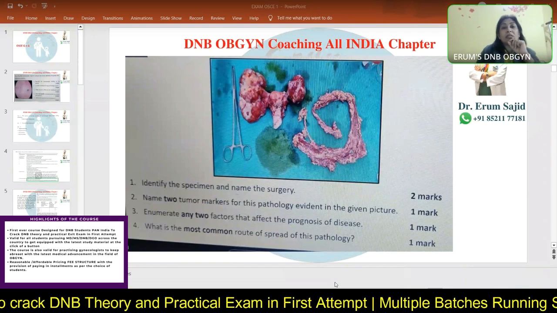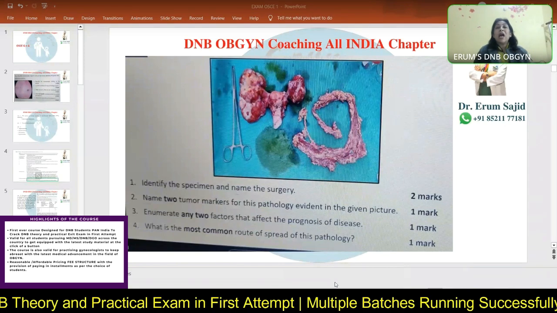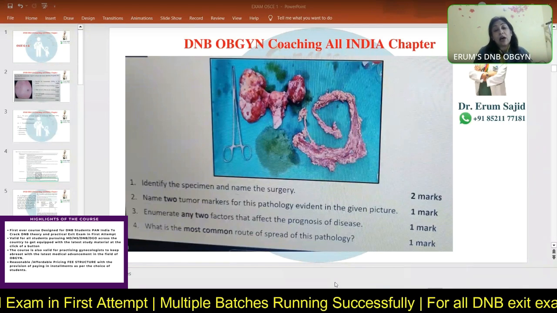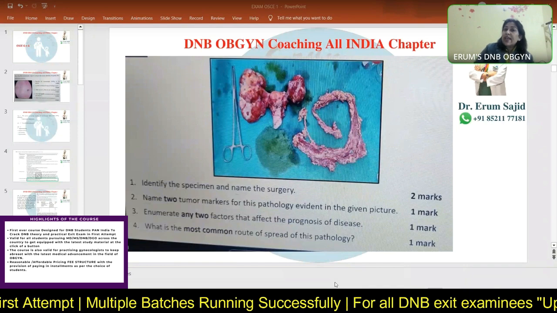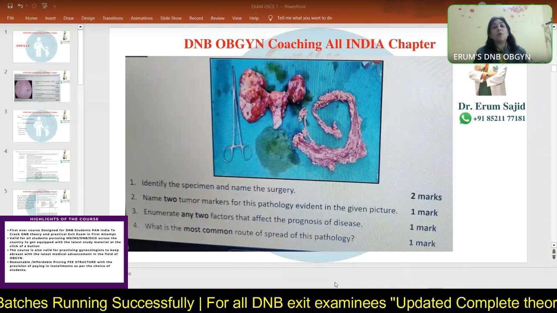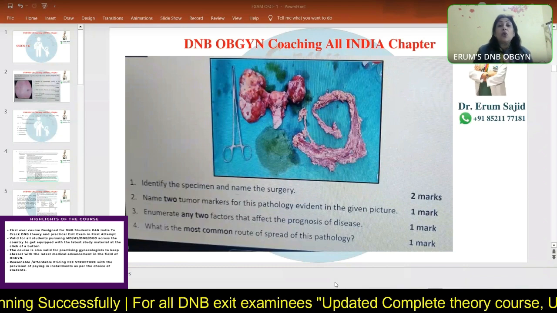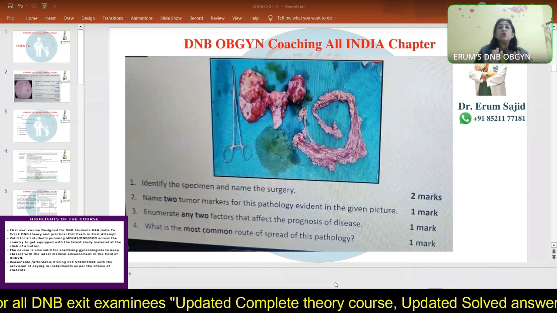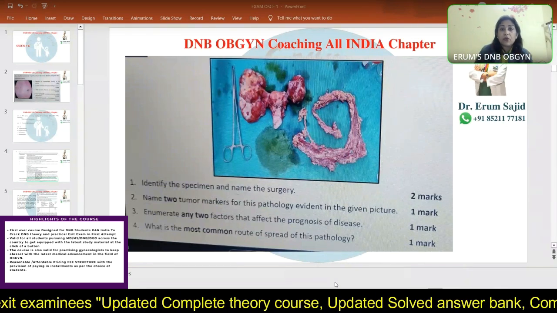Okay. How much residual disease? Very important, very important. I think I have not included this in my answer, but it is a very important point. How much residual disease have you left after the surgery? Because whenever you have ovarian carcinoma, unlike vulval carcinoma or cervical carcinoma, we go in for surgery. In cervical carcinoma, after a particular stage, you do not go for surgery, right? You go in for chemoradiotherapy.